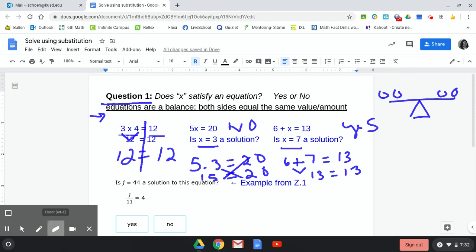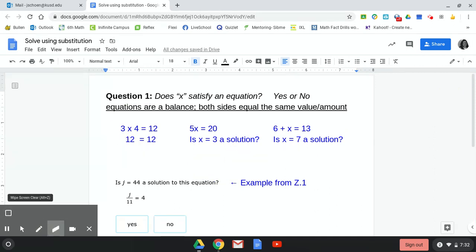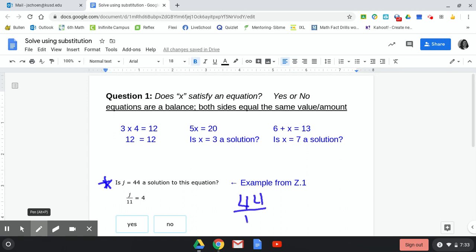So let's take a look at what IXL would have. This is one example. Is J equals 44 a solution to this equation? So that's what we're asking, yes or no? Can J be 44? So I'm going to put 44 where the J is and copy the rest of the equation.